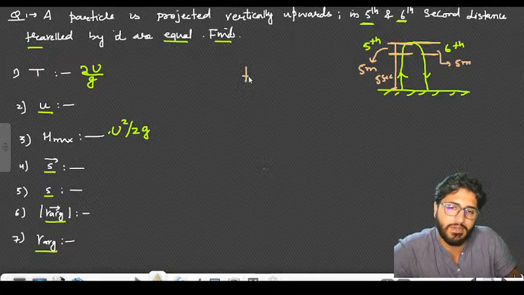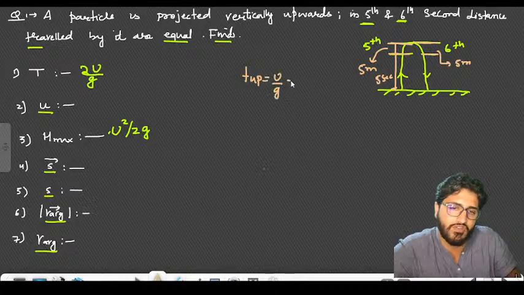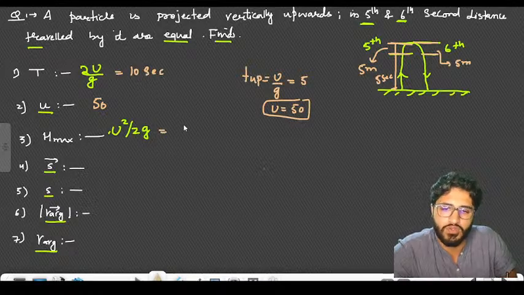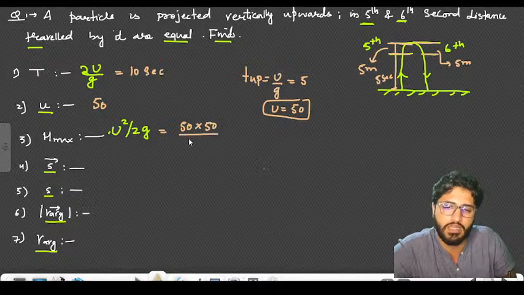That means uptime will be U by G, and U by G is equal to 5 seconds. So what is U now? Is it 50? Yes, U is 50. So the total time will be 10 seconds. Now U is 50, so I will write 50 multiplied by 50 whole divided by 2 into 10.